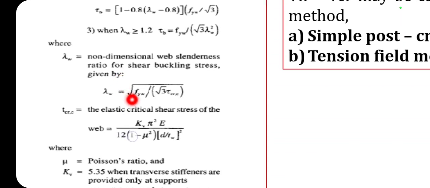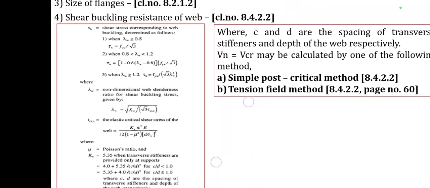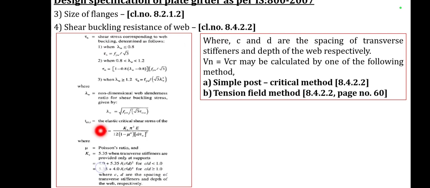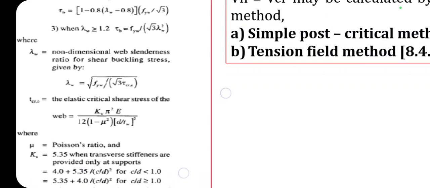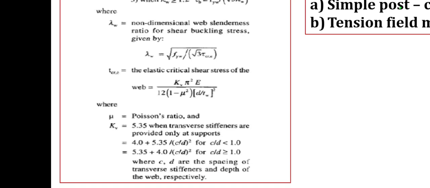Lambda w is equal to the square root of fyw divided by root 3 tau CRE, where tau CRE is the elastic critical shear stress of the web, equal to kv pi squared E upon 12 into bracket 1 minus mu squared into bracket d by tw squared, where mu is the Poisson's ratio, and this kv value is calculated as follows.